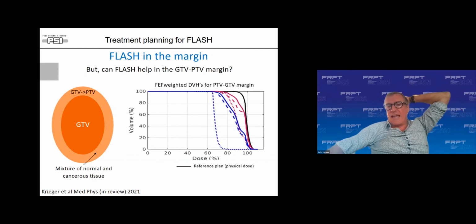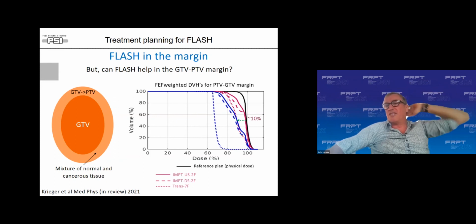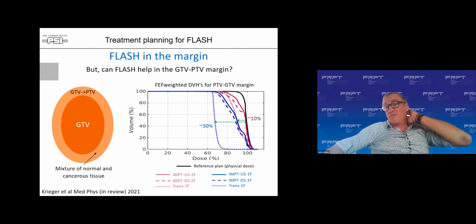So we did this, and again we looked at the 2 field plans, and looking at the multiple field plans, we could see maybe a 10% reduction in biological effect on the normal tissues in the PTV margin. And if we look at the single field plans, up to 30% just in this margin area.